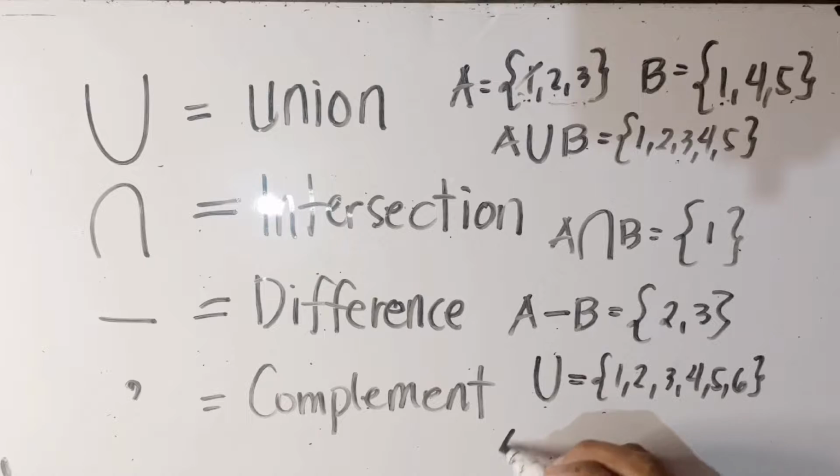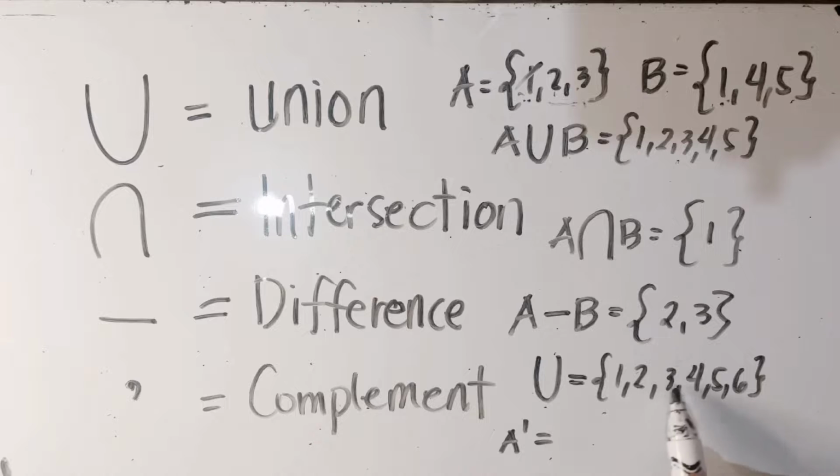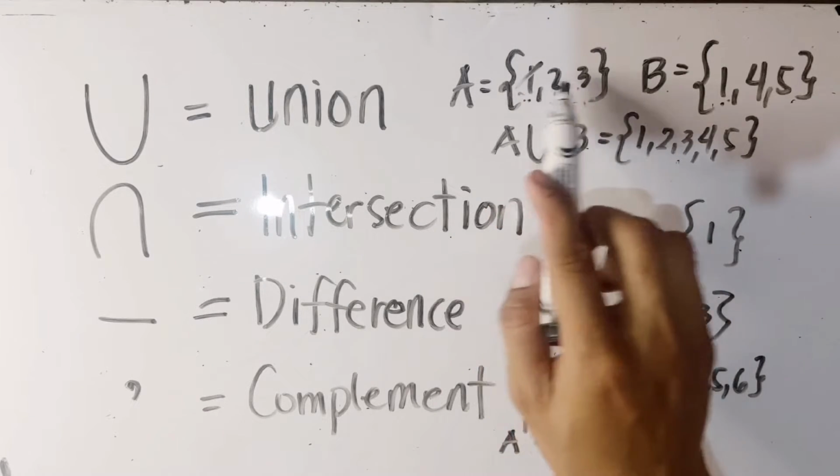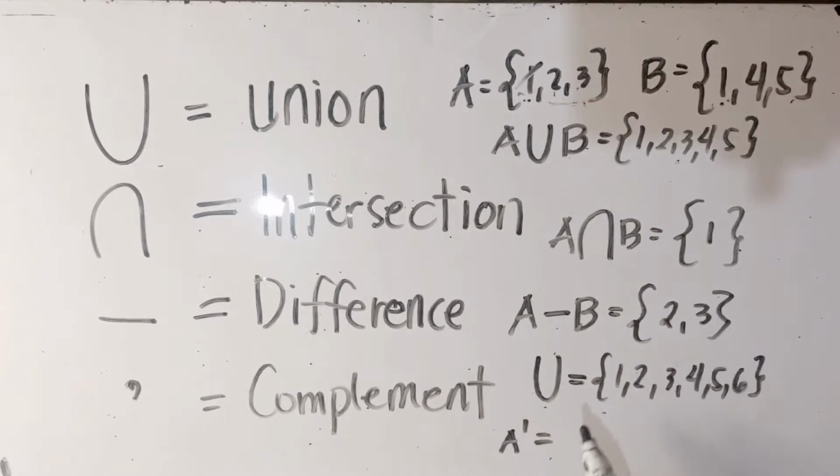If we get the complement of A, set A is 1, 2, 3, and the universal set is 1, 2, 3, 4, 5, 6. If we get the complement of A, it means the elements of A are not included.